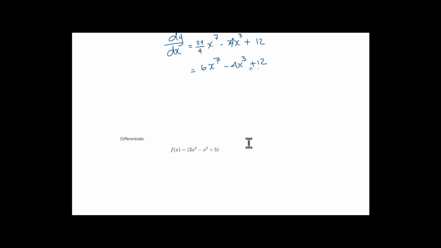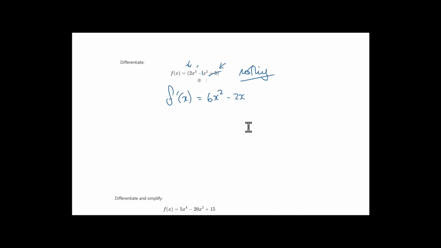All right, so dy by dx is therefore going to be equal to 8 times 3/4, so 24 over 4, x to the power of 7, the 8 loses 1, minus 4x to the power of 3, there's a 1 in front of that x, remember, plus 12, and we can rewrite this. 24 divided by 4 is, of course, 6x to the power of 7 minus 4x cubed plus 12, and we're done with that one.